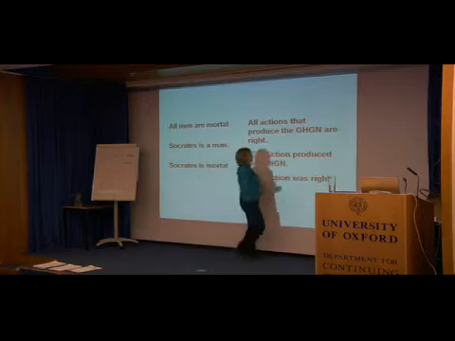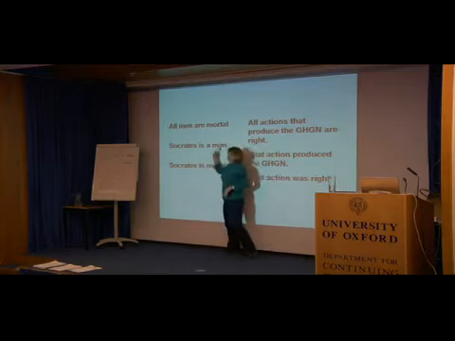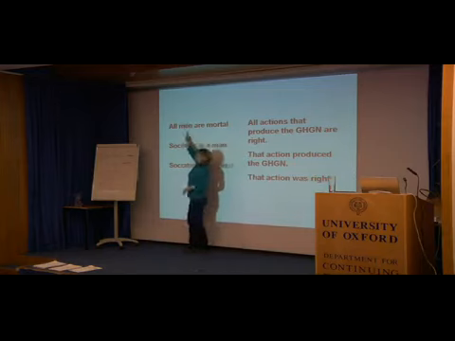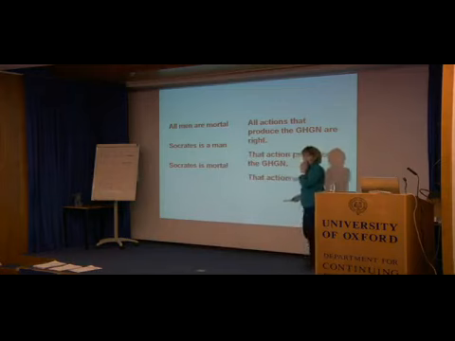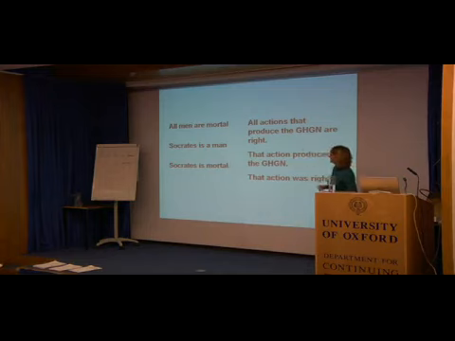You're saying that particular thing is a man, i.e. falls into this class here, and therefore he falls into the other class too. So both those arguments have the form all A's are B, S is an A, therefore S is a B.